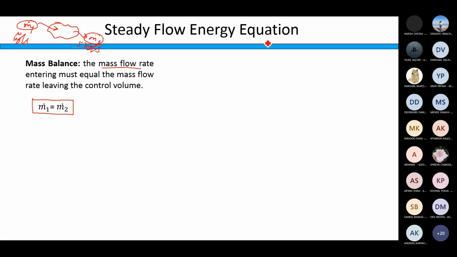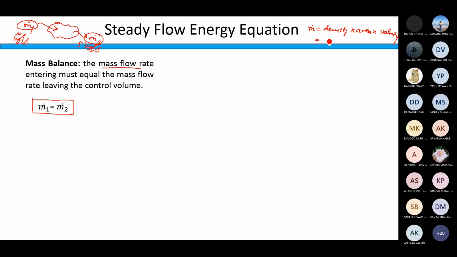Mass flow rates must be balanced. Now, somewhere you just note down how you write the mass flow rate, or mass flowing per unit time. This equation is used in a lot of courses, and maybe in higher semesters you will use it again and again. Mass flow rate is given by the product of density, area and velocity.